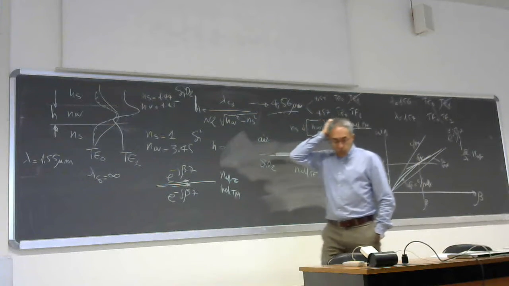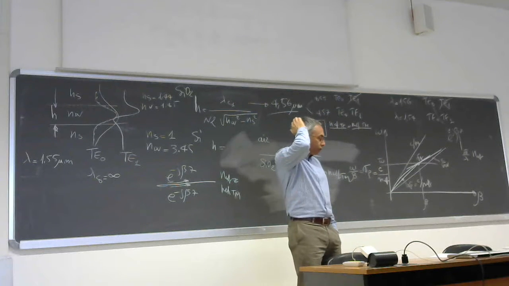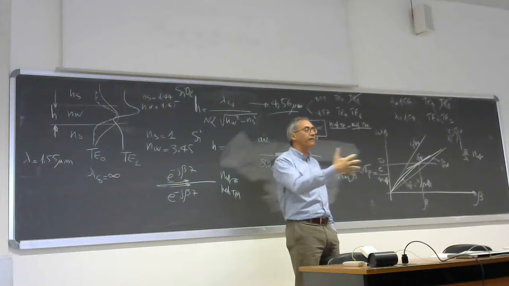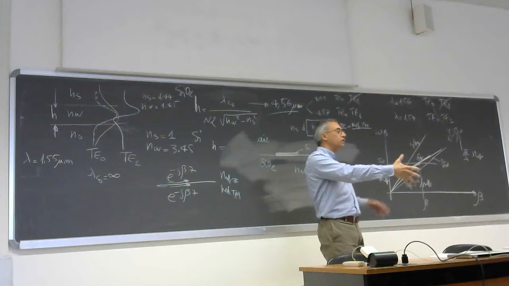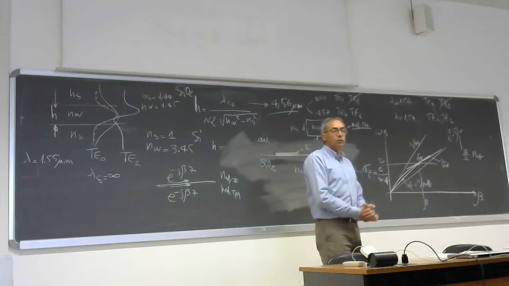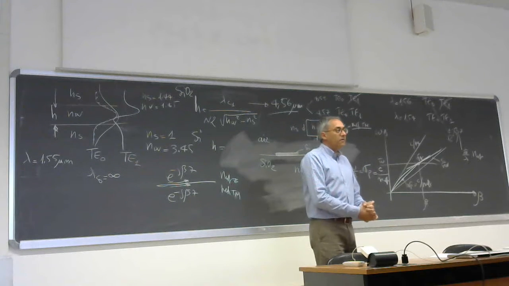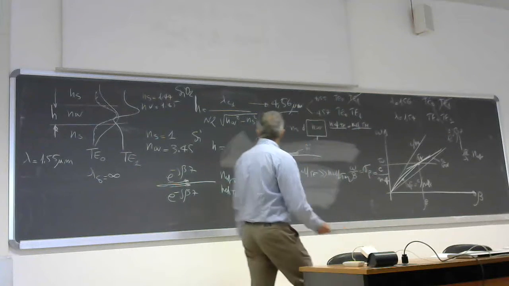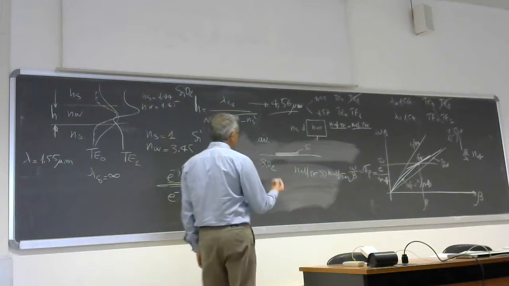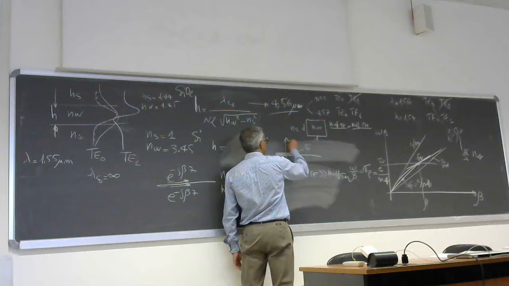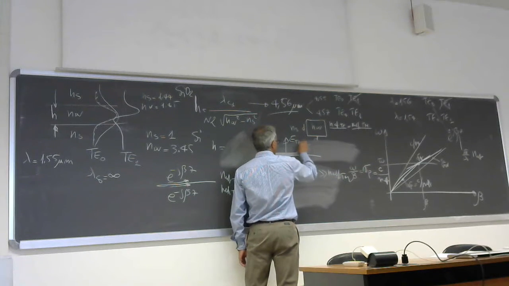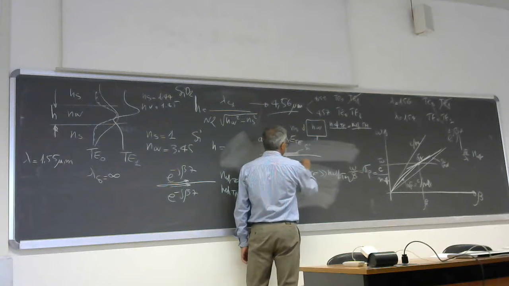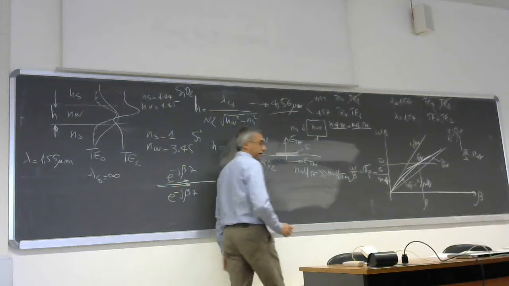Well, if you think of the application to optical communication, you arrive with a fiber, you enter your chip, your device, and you want to do some processing, you basically don't know the polarization. The TE mode basically has an electric field in this direction, while the TM mode has an electric field in this direction.